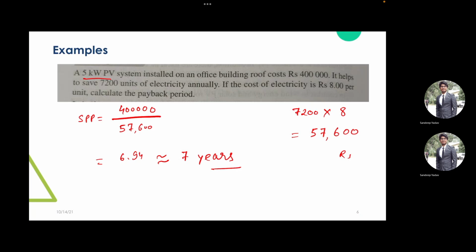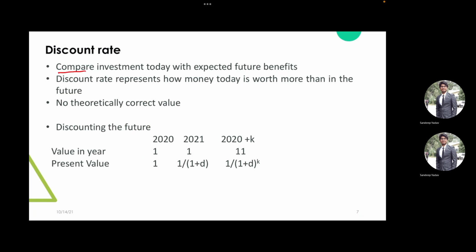Discount rate compares the investment today with expected future benefits. So we can say discount rate represents how money today is worth more than in the future. It does not have any theoretically correct value.